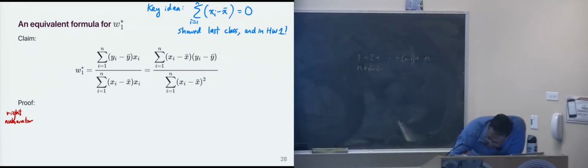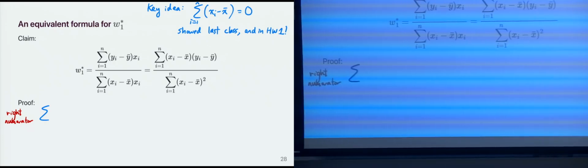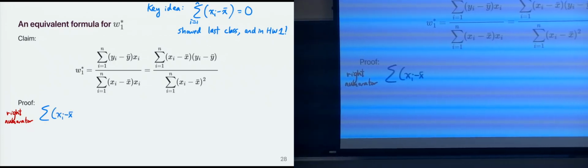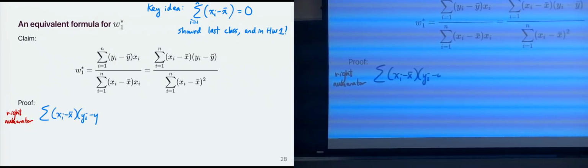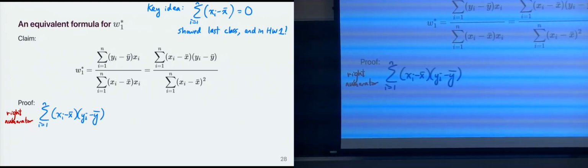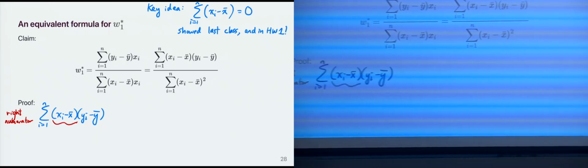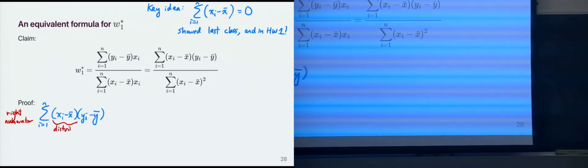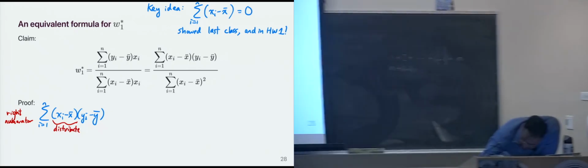Okay? So I have the sum, xi minus x bar, times yi minus y bar. And what I'm going to do is distribute this first bracket.